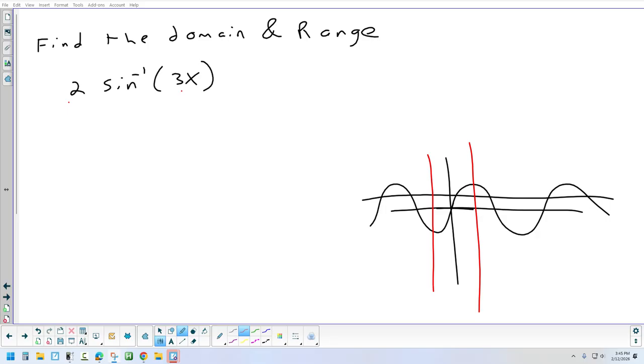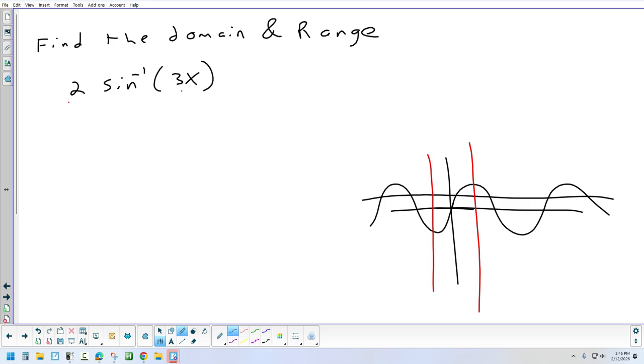All right, so the last one we'll take a look at is finding the domain and the range of 2 inverse sine 3x. First thing is we need to know the originals. So let's do the domain first. What is the domain of inverse sine?